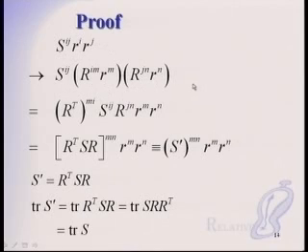I sort this out. I pull the two R's to the end. This R_im, I write as R transpose_mi, and then S_ij, and then R_jn. I write it in this way because that ensures the repeated indices are right next to each other.